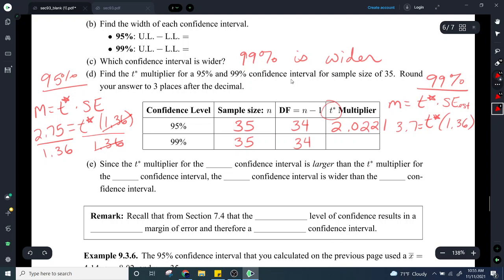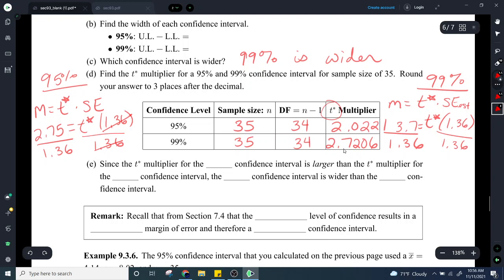I'm trying to solve for t star, so I'm going to divide by 1.36. 3.7 divided by 1.36 gives me a t star value of 2.7206.